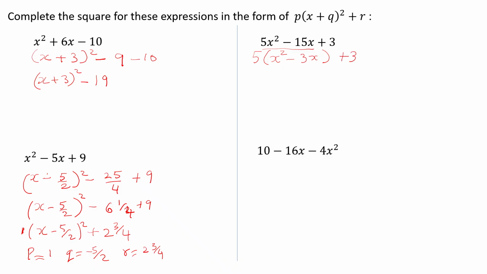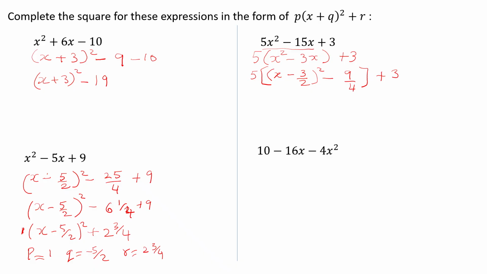I'm going to factorize the first two terms only. Now 5 bracket, do the completing square. So x minus half of the x part, which is 3 over 2, squared and take away 3 over 2 squared, so 9 over 4, the bracket, then plus 3.